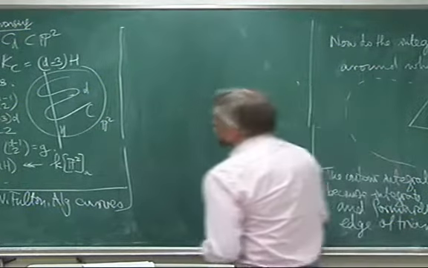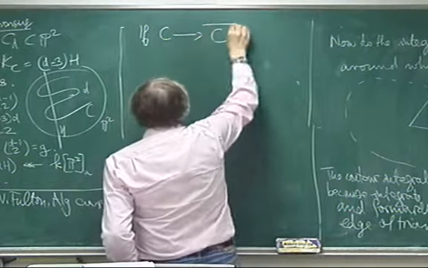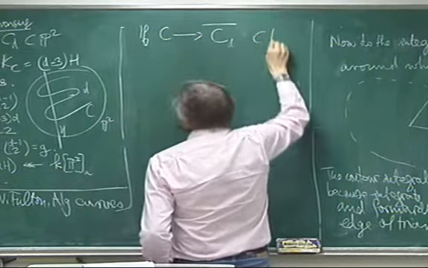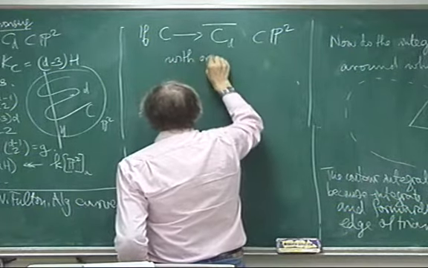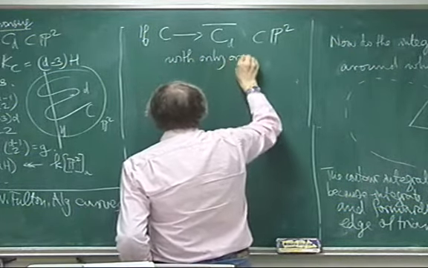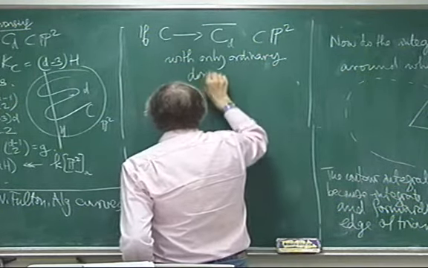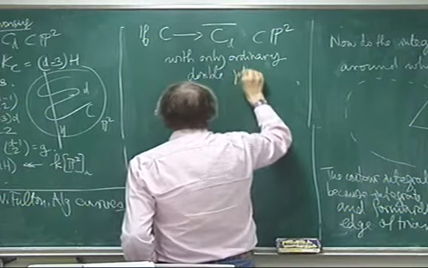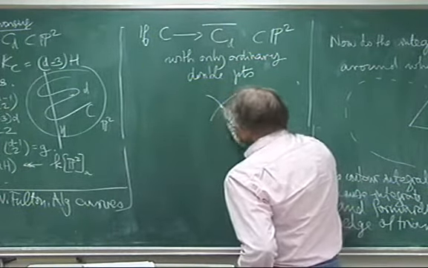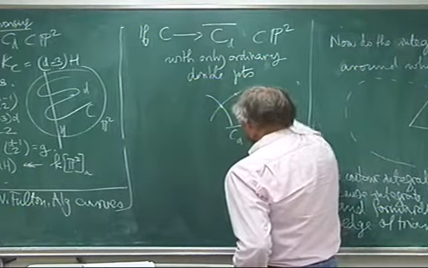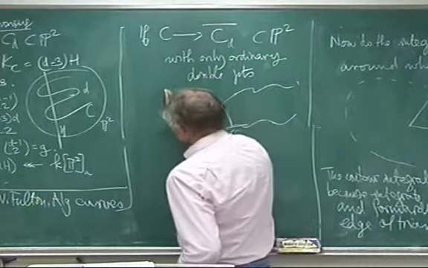Okay, so if C maps to C bar, D in P2 with only ordinary double points, the picture I have here is that this is C bar, D, it sort of goes off, and here is C coming in.